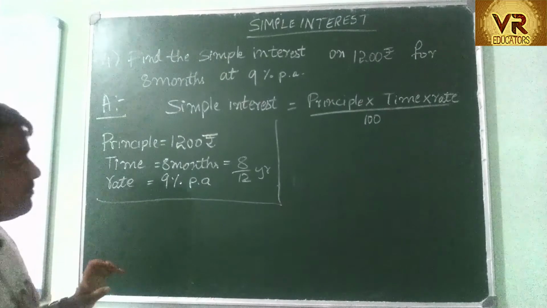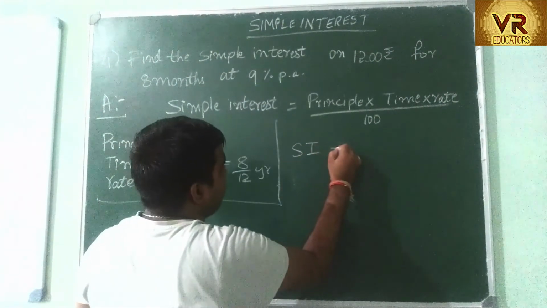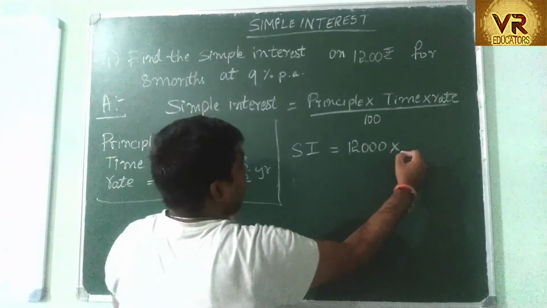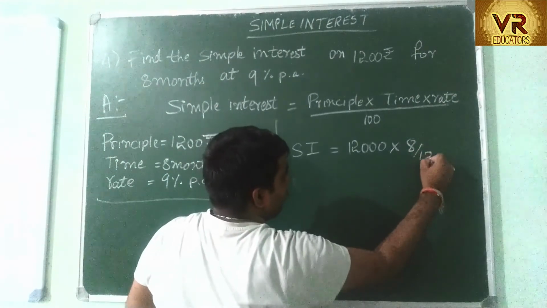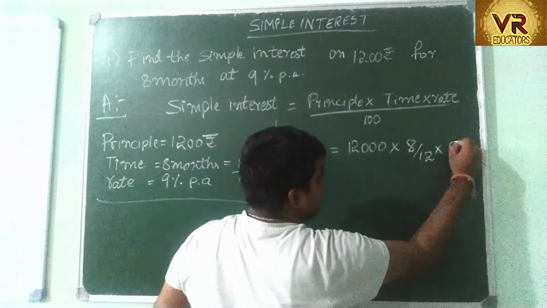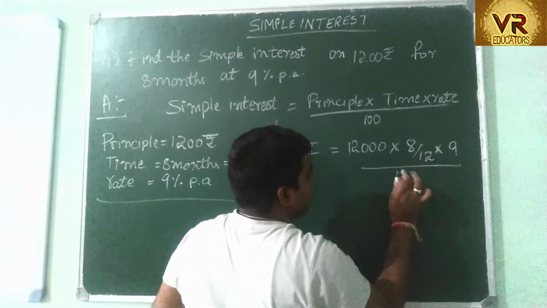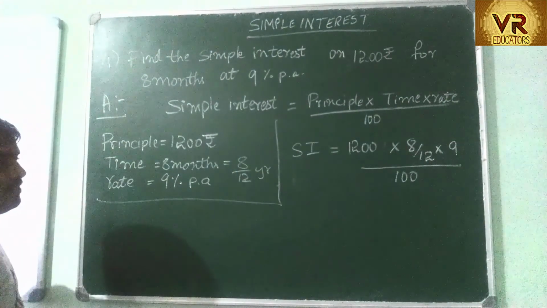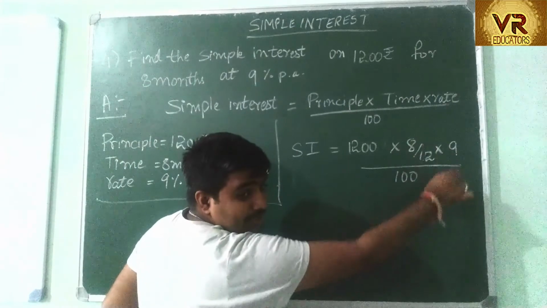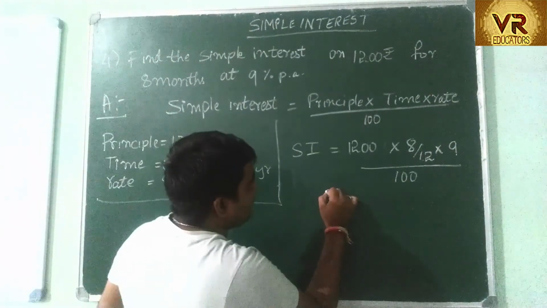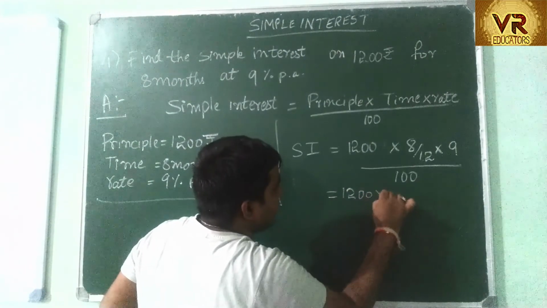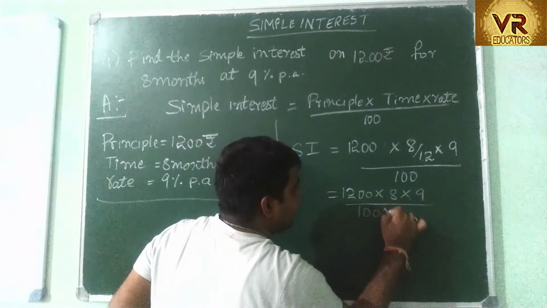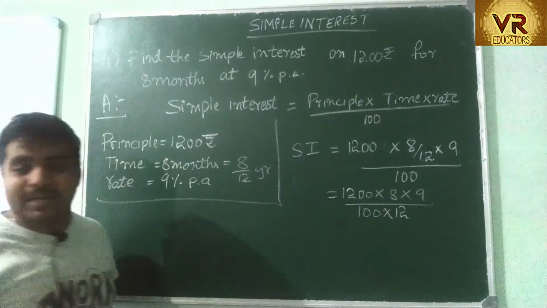Okay, let's solve this. Simple interest is equal to principal 1200 rupees, time is 8 by 12, rate is 9% divided by 100. So in the numerator you have a denominator, you can shift it to the denominator. 1200 into 8 into 9 divided by 100 into 12.